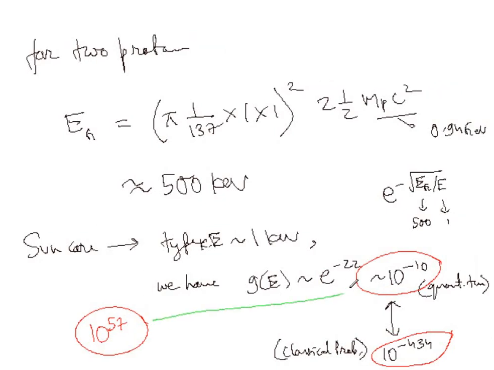If you consider 10 to the power minus 57 and minus 434, you will see that fusion cannot happen. But if we consider 10 to the power minus 10 and 10 to the power 57, this is much larger. With this, we can explain the fusion using the quantum mechanical tunneling procedure. Okay, so that's it for this class.